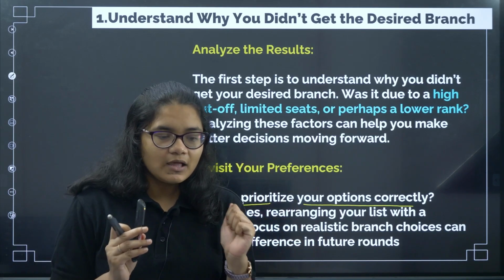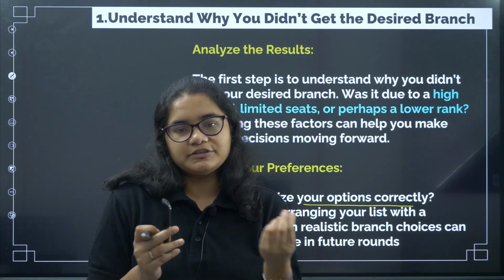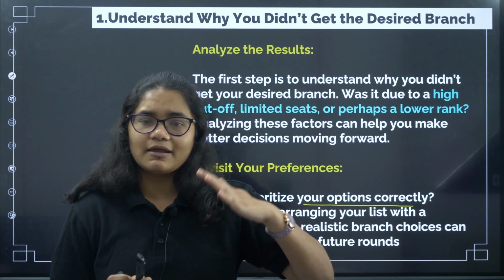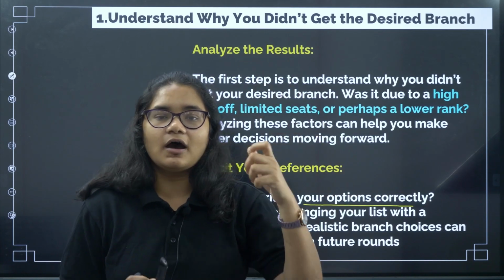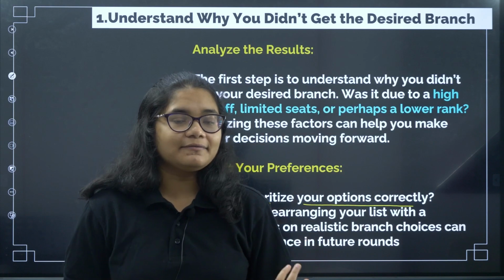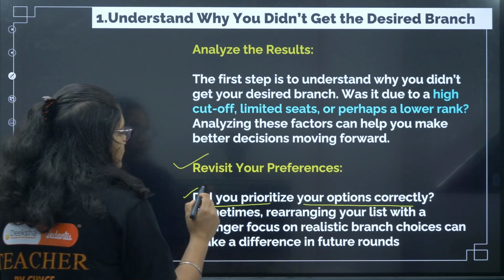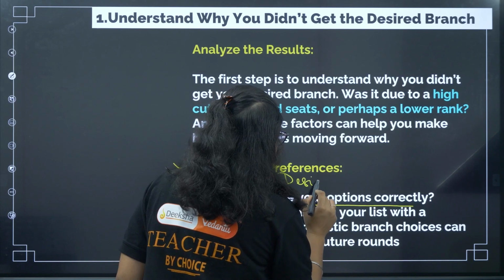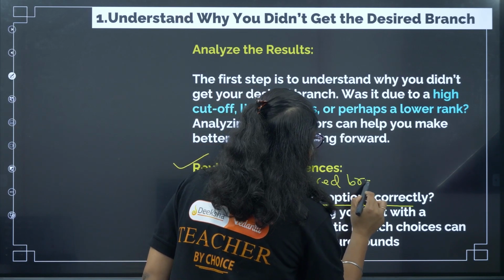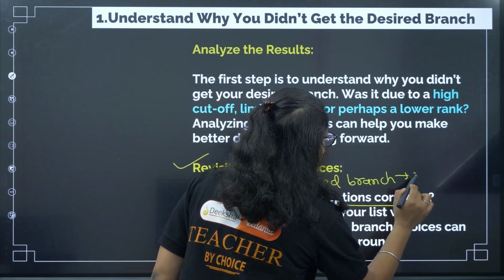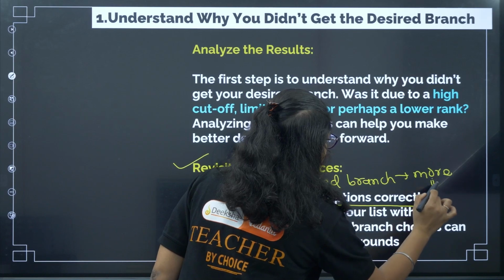For example, you are interested in artificial intelligence and machine learning, but you have given computer science in the priority list. That will not help you get your desired branch. So what is our key here? The desired branch should be given more priority.